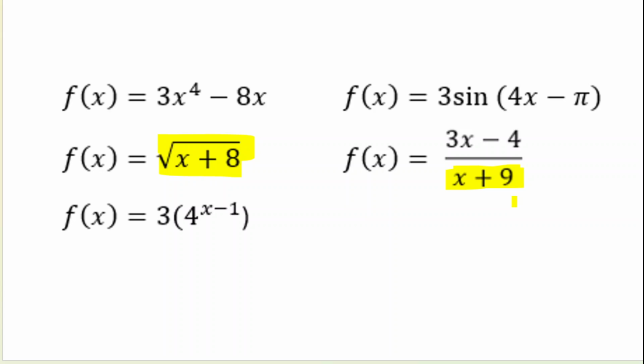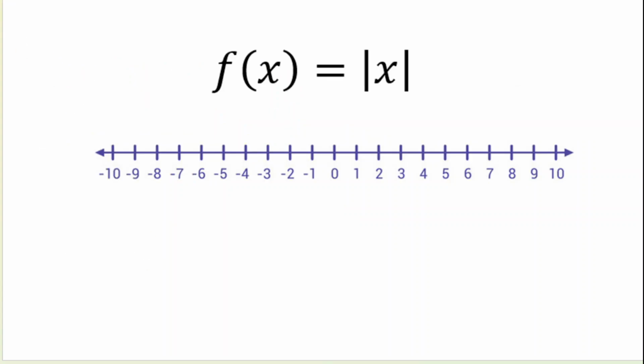I'm either not able to do the math at all because I have a domain problem, or I just simply, for example, in our friend the polynomial, take the input, put it to exponent 4, multiply by 3, take the input, multiply by 8, and then subtract that from the original evaluation. So in an absolute value function, I'm doing different things depending on what my input is. That's why it's special, because there's more than one rule for what I do to the input.